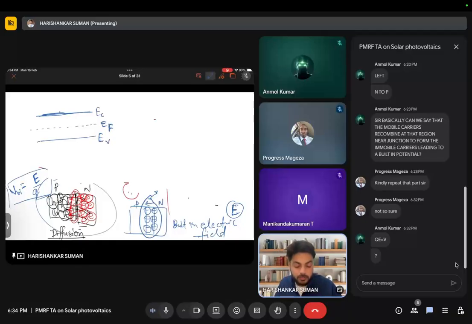This is the chemical potential of the electrons, associated with the charge carriers. This is intrinsic, pure. What will it be for n type and p type?